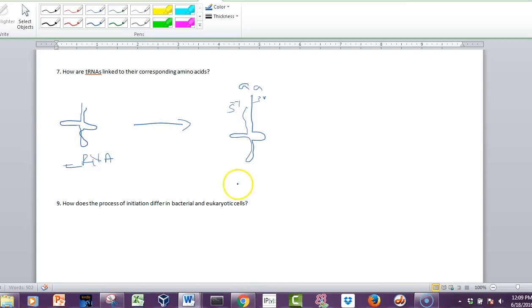This is a tRNA. The one on the left is tRNA. This one has an amino acid on it. So it's an aminoacyl. So that just stands for amino acid, aminoacyl tRNA. That's just a tRNA with an amino acid on it. The enzyme that synthesizes an aminoacyl tRNA, so the enzyme that does this reaction, is an amino... I'm going to type it because I can't write to save my life here.